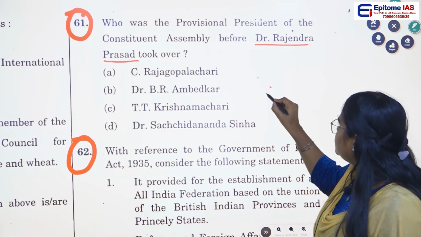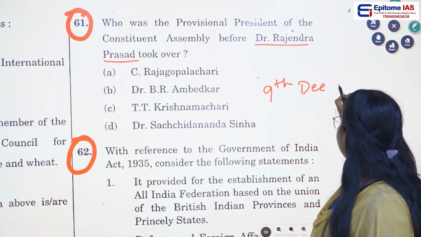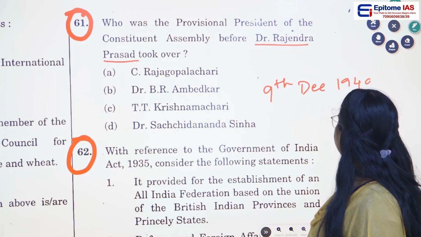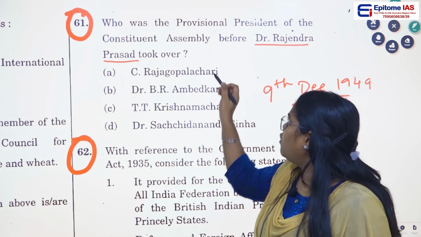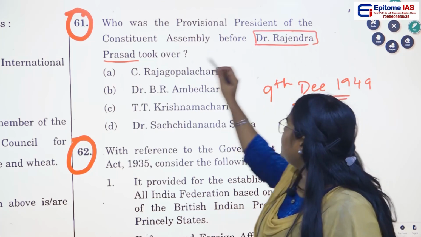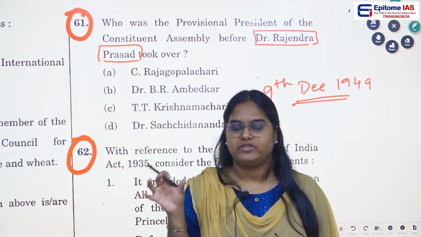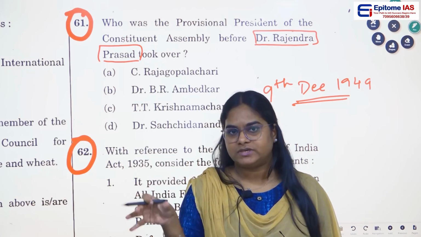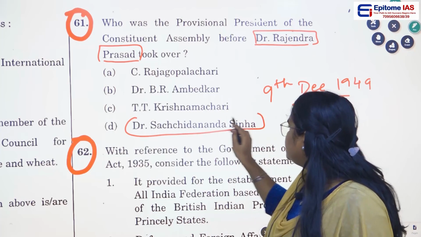If you see the first meeting, which happened on the 9th of December 1946, of this particular Constituent Assembly, before the election of Rajendra Prasad, we had appointed the oldest member of the Constituent Assembly as the first president. Who is the oldest member? That is Dr. Sachidananda Sinha.